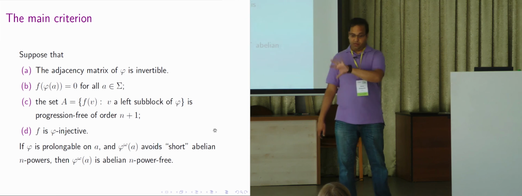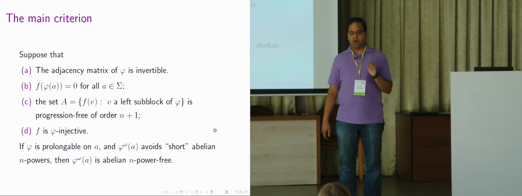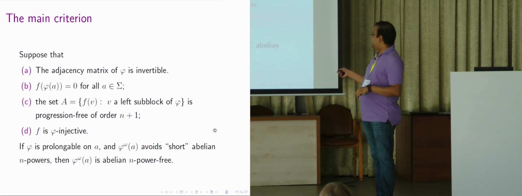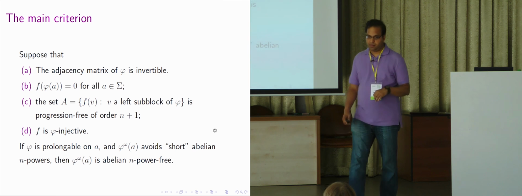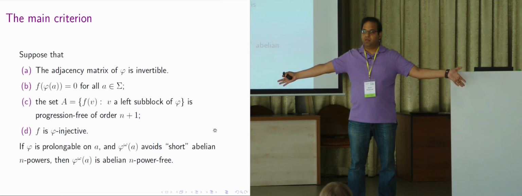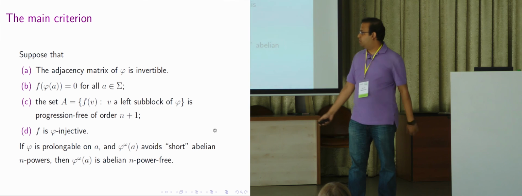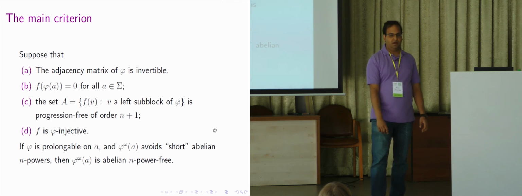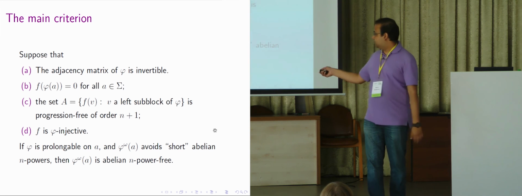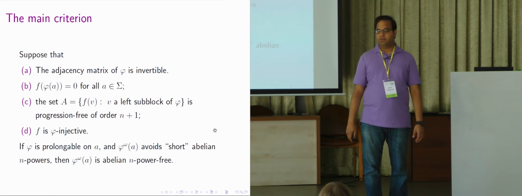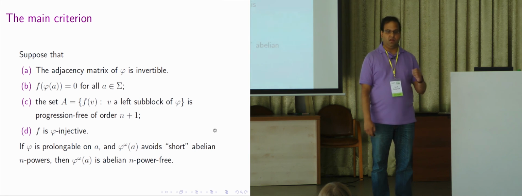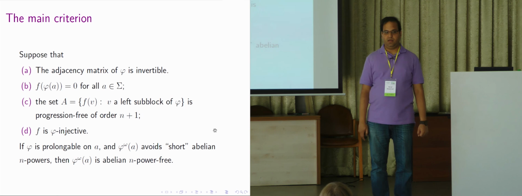I have this weight function, and I need the weights of all the blocks to be 0. I look at the weights of all the prefixes of all the blocks, and this collection of weights should not contain any arithmetic progression of length n+1. If all of that happens, and that weight function f is phi-injective, then the word generated by this morphism avoids abelian nth powers.